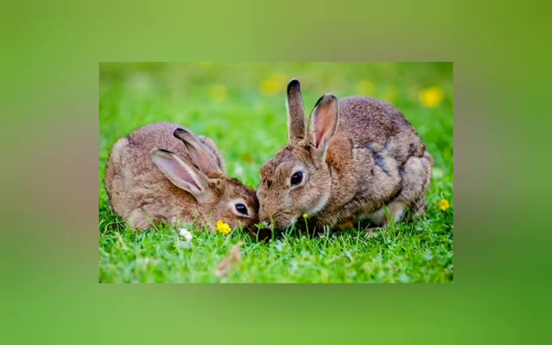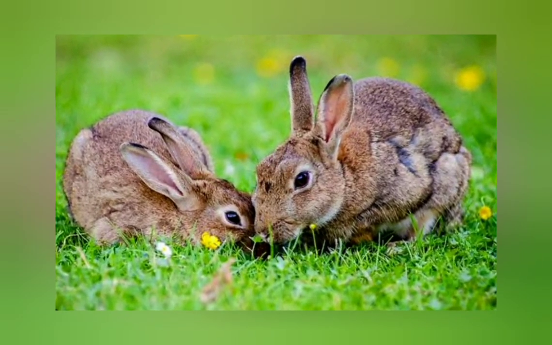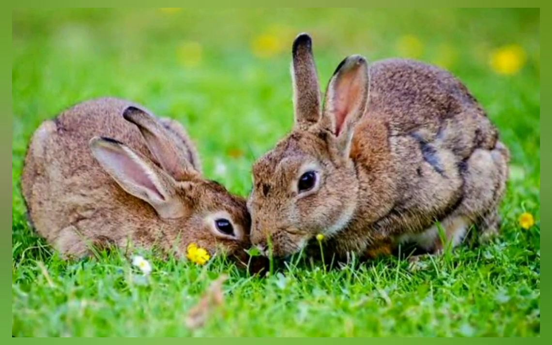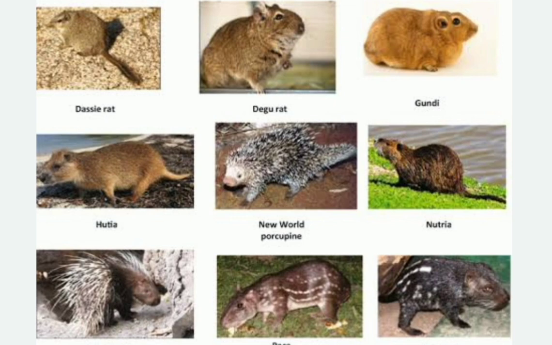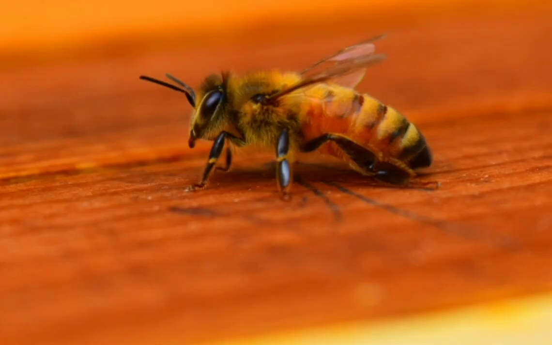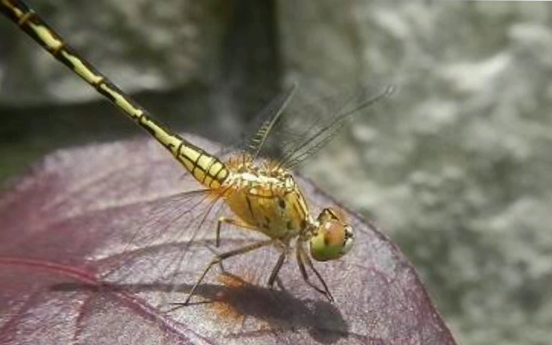Now carefully take a look at these examples. Some of the important examples of R selected species or R strategists are cats, dogs, insects, rodents, fish. All of these, if you take a close look at their lifestyle, you will see that they don't invest a lot in upbringing their child.